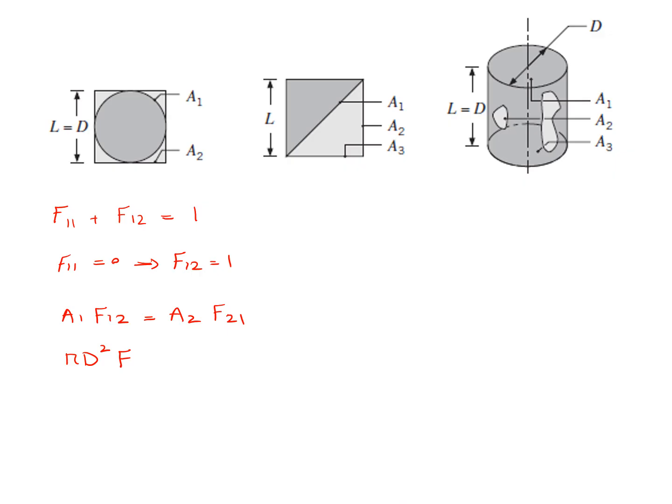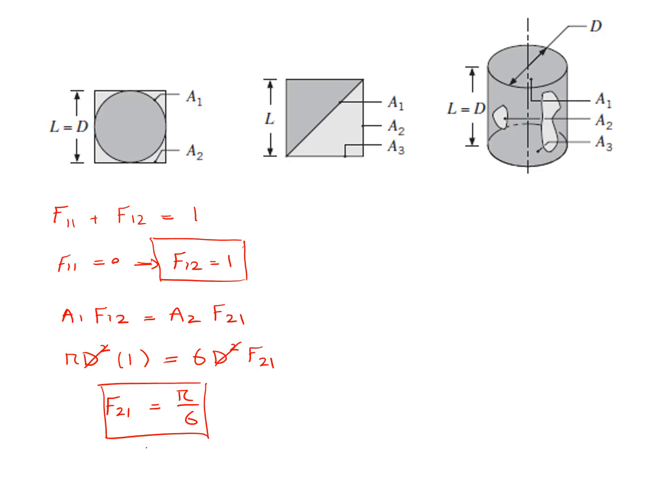I already calculated that this f12 is 1. And then area 2 is going to be the area of a box. How many sides are there to a box? There's 6 sides to the box. Each one of them has area d squared. So I'm going to cancel the d's, and I'm going to arrive at f21 equal to pi over 6. This is my pi over 6 for f21, and I already have f12 here as well.